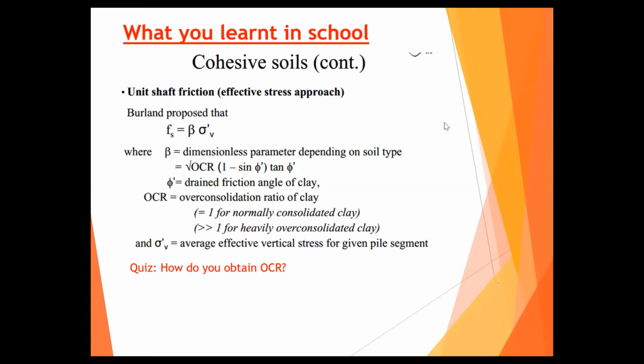Yeah, correct. So how do you get this number? It depends on the stress state of the soil. I'm asking you, how do you get this number? Actually, I don't know. Okay, you don't know.